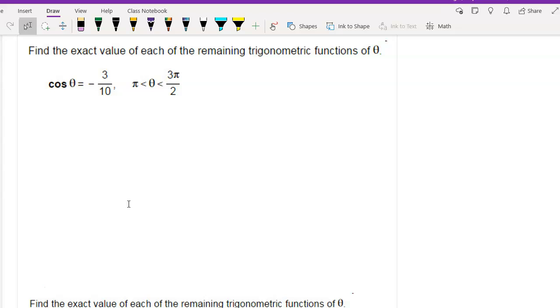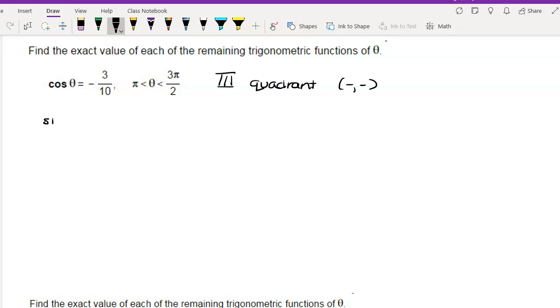It says find the exact value of each remaining trig function of theta, and it gives us cosine theta is negative 3 over 10, and pi is less than theta less than 3 pi over 2. That tells us we are in third quadrant, and in the third quadrant both x and y are negative.